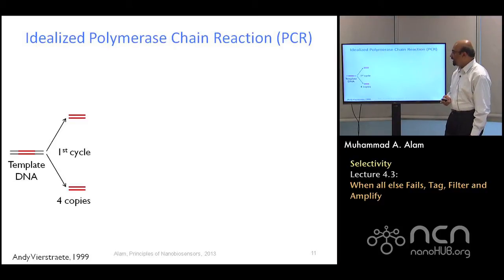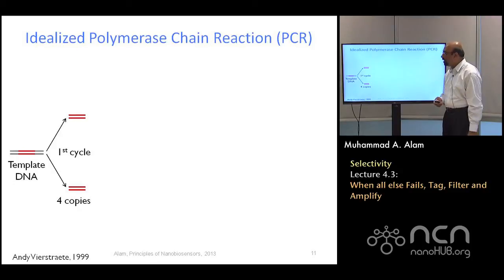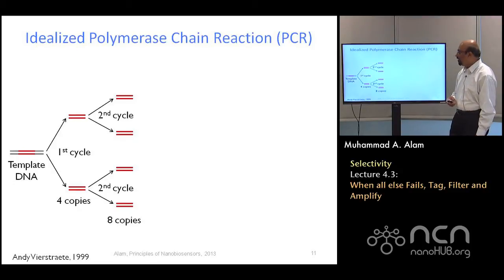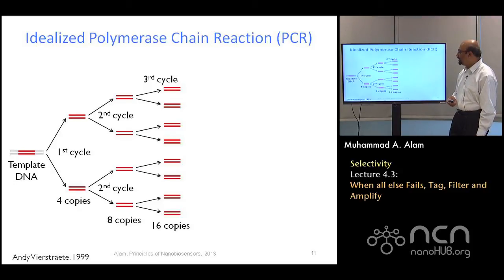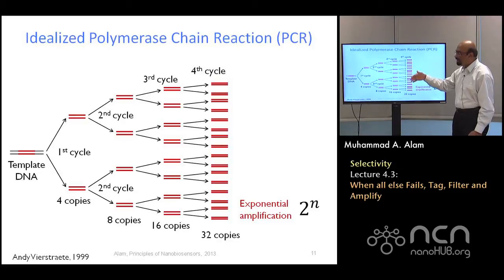And the way you amplify, in the first cycle, the 2 DNA in the helix will become 4 after the first cycle, and I will show you how this is done. After the second cycle, it will be 8, third cycle 16, fourth cycle 32, and the general idea is that every cycle it increases by a factor of 2. So after n number of cycles, you will have 2 to the power n.